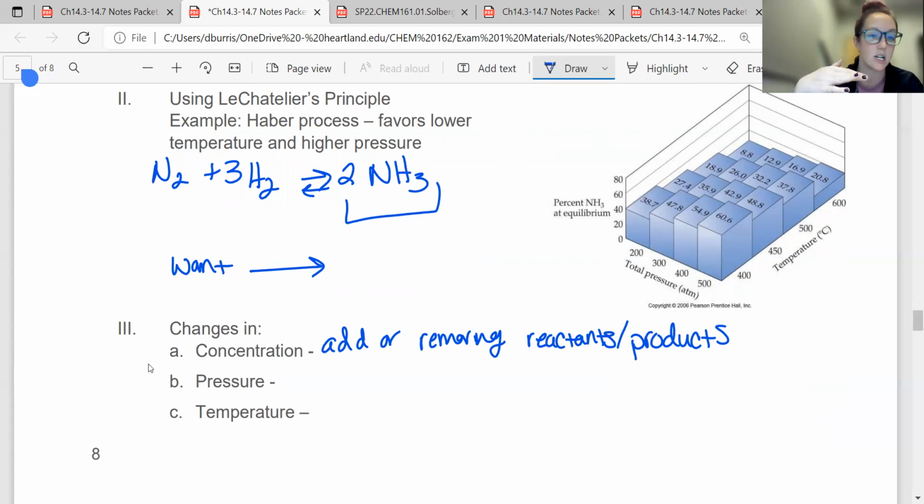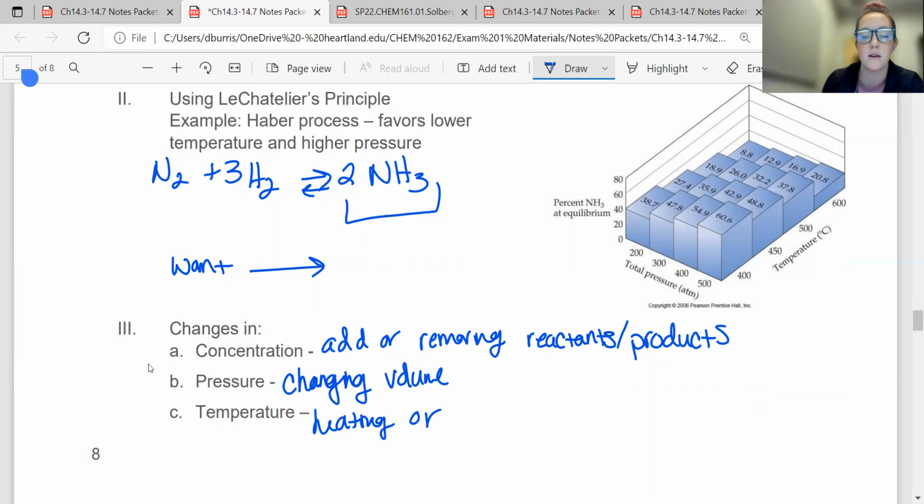So changing the concentration affects the equilibrium. Changing the pressure is usually done by changing the size of the container. If I make it into a smaller container, it's going to have a higher pressure. So that's changing volume. Or changing the temperature, of course, heating or cooling the reaction.